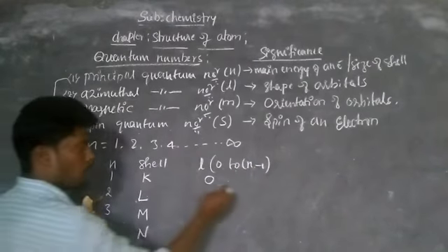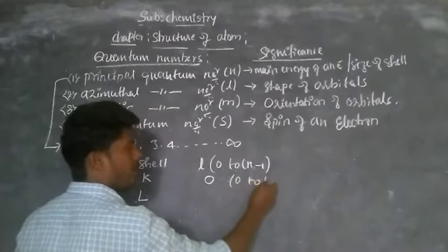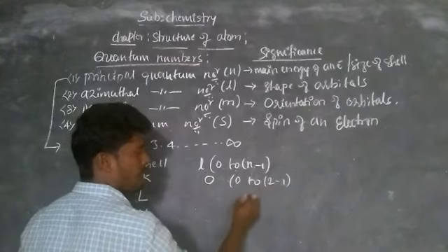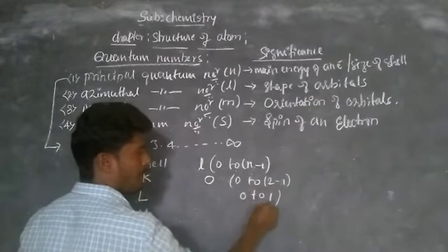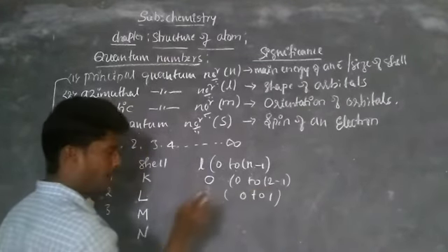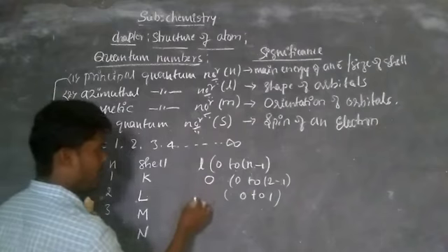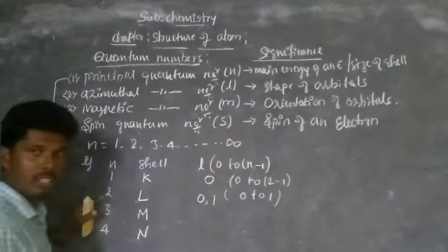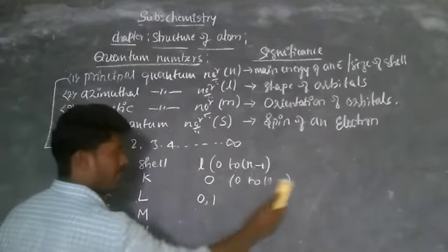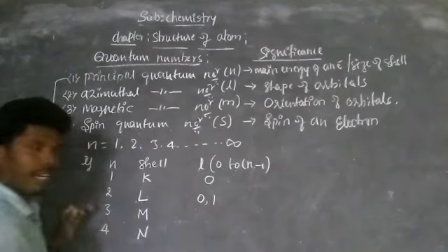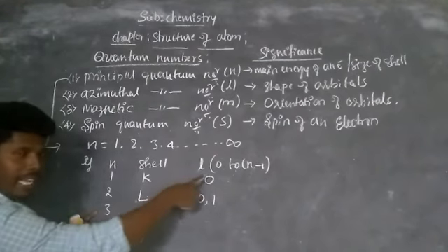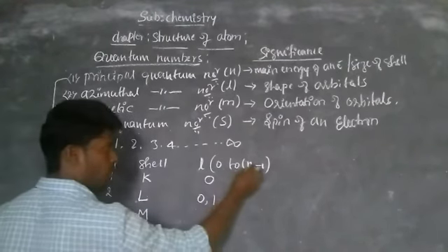Also, what do you get? 0 to 2 minus 1, and 2 minus 1 is equal to 1. That is 0 to 1, which is nothing but 0 and 1 only. For n equal to 2, the l values are 0, 1. Are you understanding? Similarly, for n equal to 3, the l values are right. n equal to 3 means what?